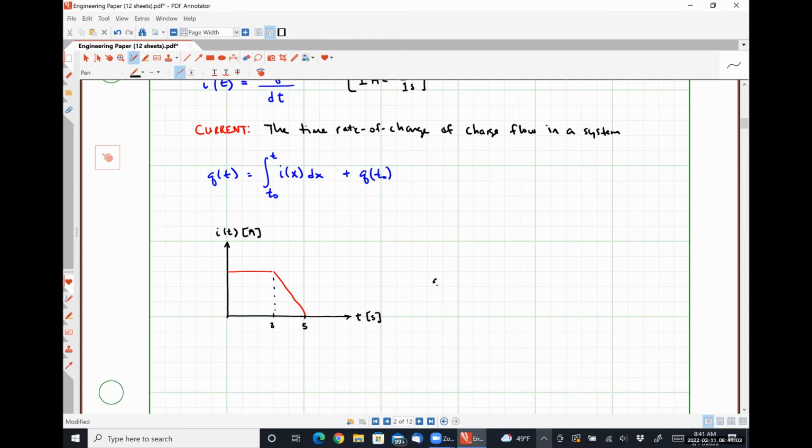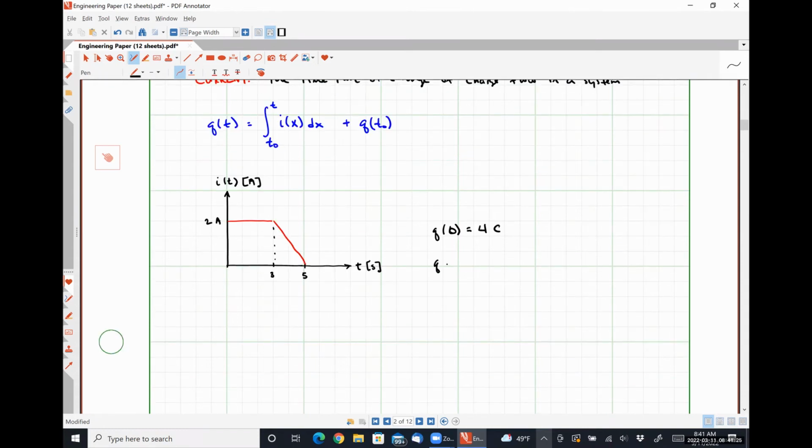And if we are told Q of 0 is equal to 4 coulombs, and let's say for the sake of argument that this is 2 amperes. If we wanted to know Q at, let's say, 1.5 seconds, how would we determine it?